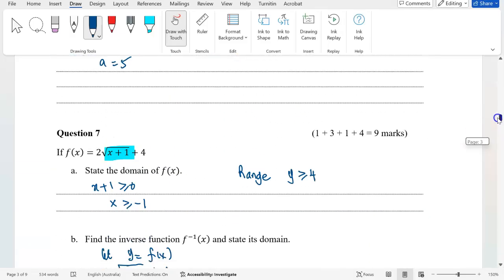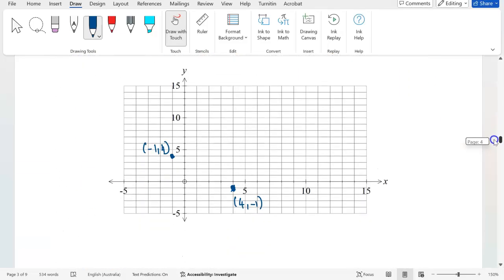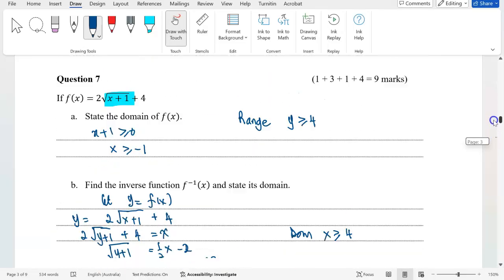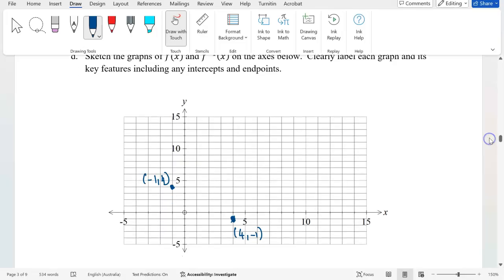You can actually check the graph in the GC. The y-intercept, x equals 0, so there should be 6, 5, so that is 6. And that is your x-intercept. Okay, that's 5, right? (6, 0).